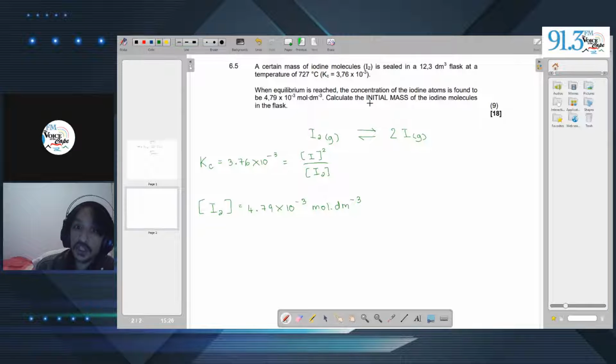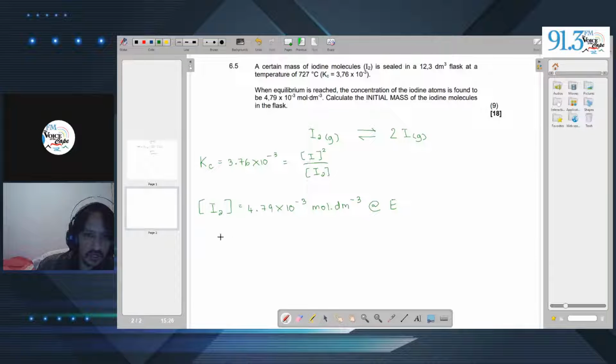Calculate the initial mass of the iodine molecules in the flask. So this is at equilibrium, right? Remember this is at E. Now we can therefore calculate the amount of iodine that's going to be at equilibrium. Okay, let's go ahead and do that.